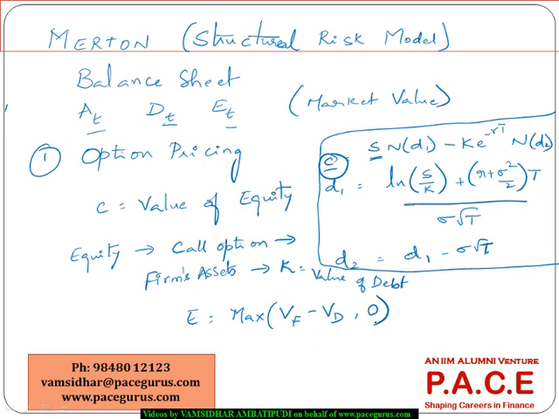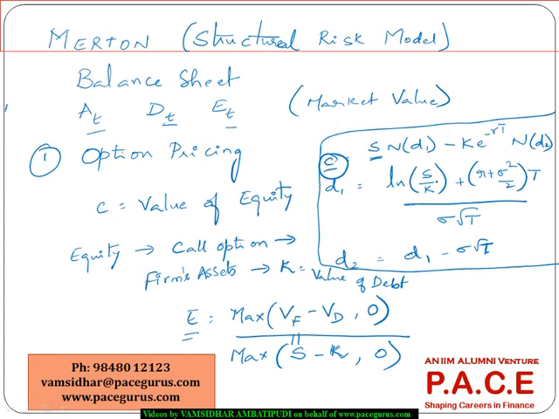Otherwise, they are going to receive 0. So this is the payoff that comes to the equity investor. That is the reason it can be modeled as a call option also, because the typical payoff of a call option is also the maximum of the difference between the stock price and the strike price, comma 0. So I can very well equate these. The spot price, I am equating to the value of the firm. The strike price, I am equating to the value of the debt.